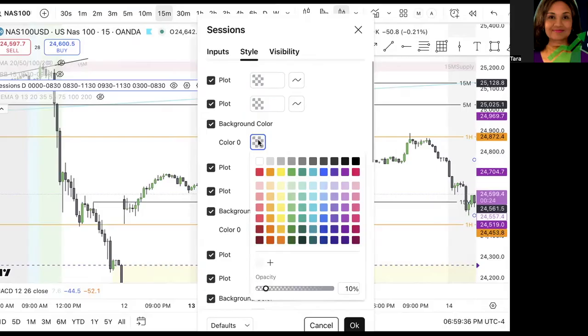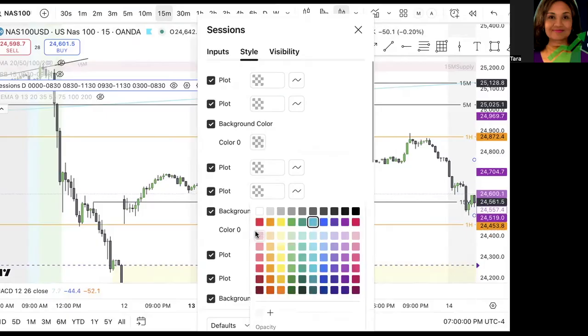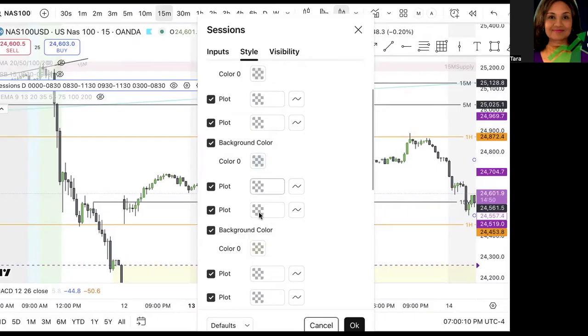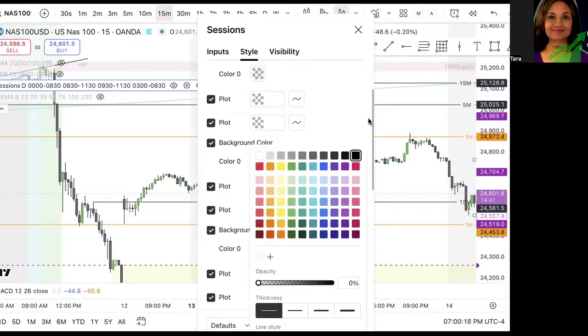This background color. And you might want your colors to be different. You can decide. Then these background colors, I've chosen this blue. Got black again for the plots. And then this background color here is yellow. And the plots are black again.